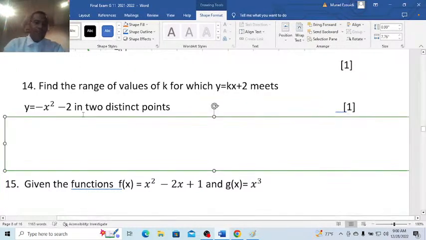Now learners, I will just write my equation. This one I will solve using the elimination method.